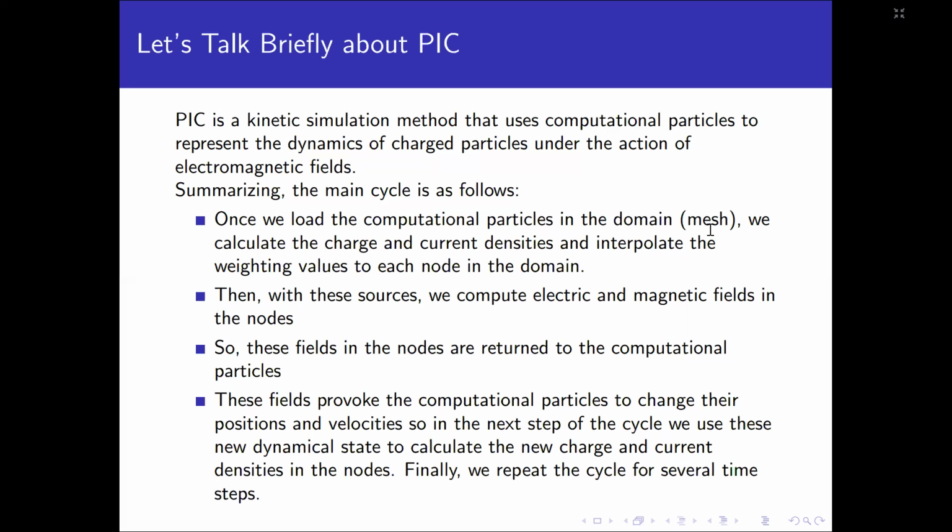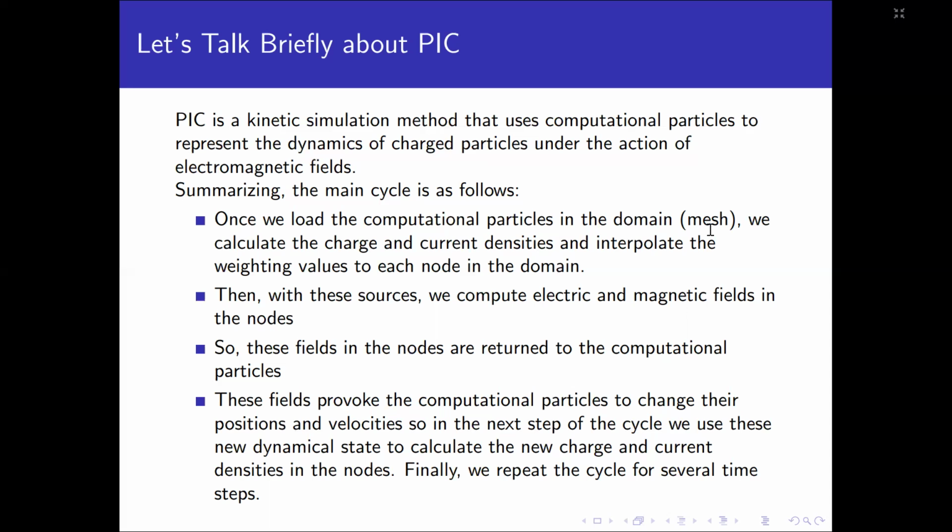Then we can summarize the main cycle of this method like this. Once we load the computational particles into the domain, which is typically a computational mesh, we can calculate the charge and current densities and interpolate these values to each node in the domain, okay? Then with this information saved in the nodes, we can compute electric and magnetic fields here in the nodes.